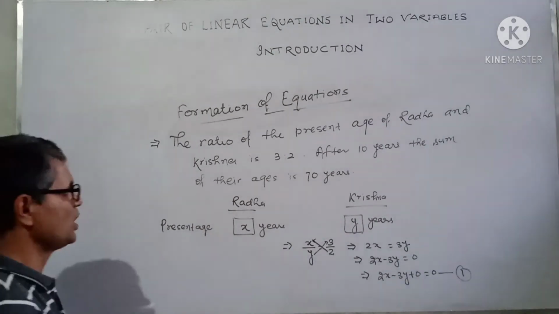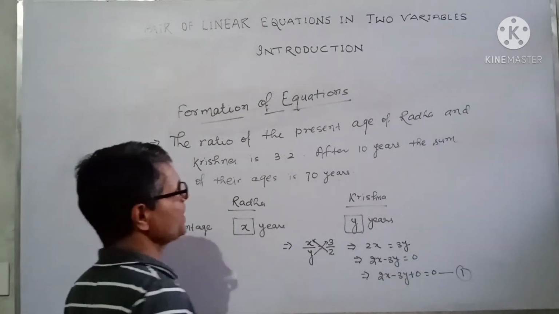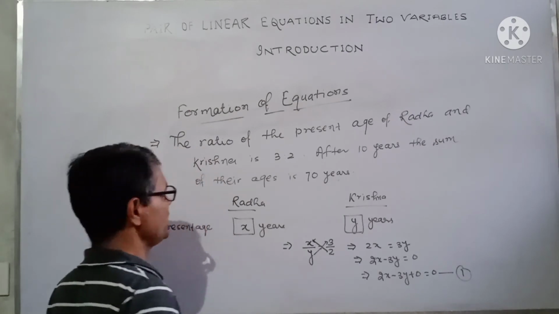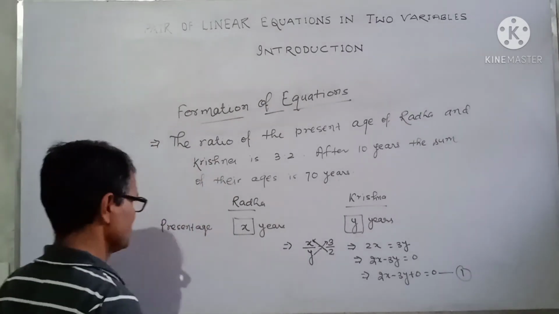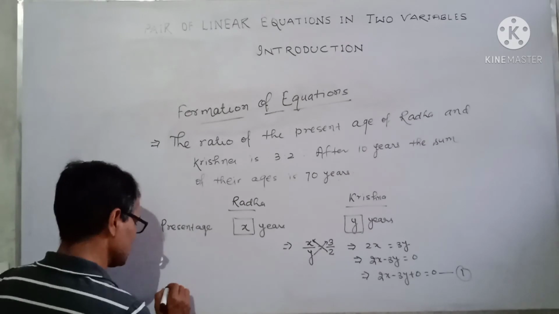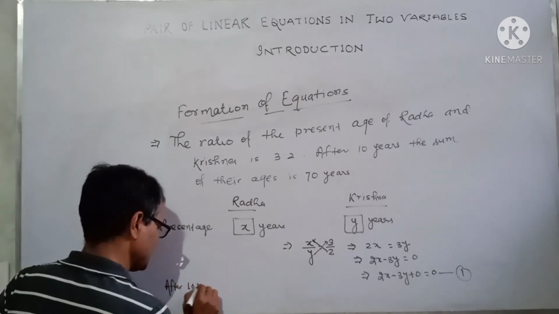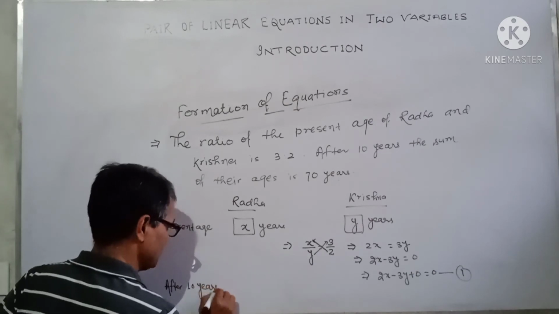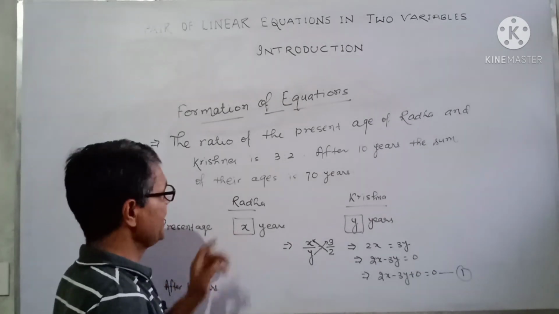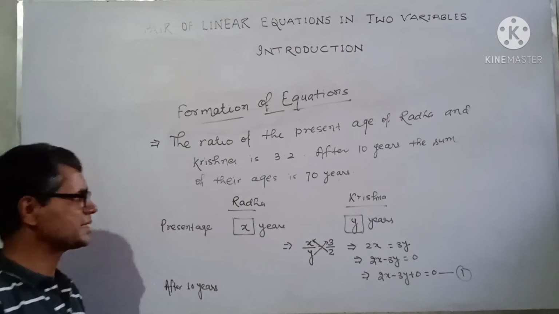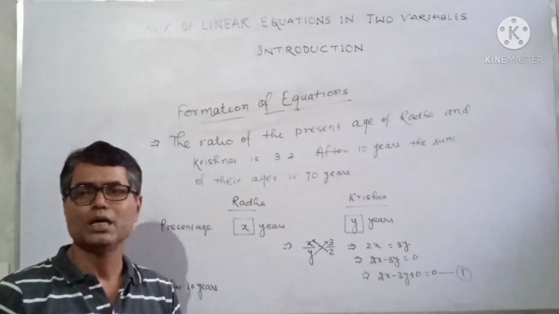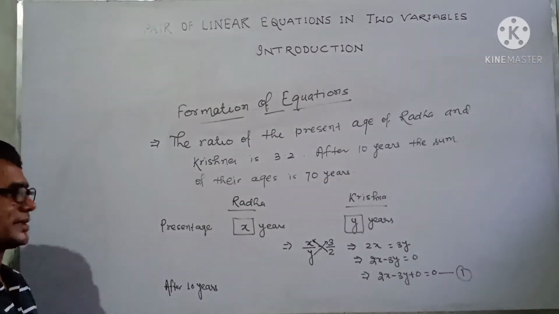According to the next condition, after 10 years the sum of their ages will be 70 years. After 10 years, the ages of both Radha and Krishna will increase by 10 years.